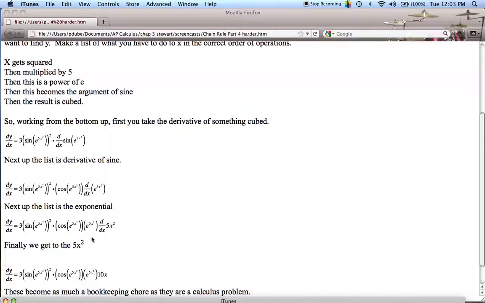I guess I skipped a step. Here is the derivative of the e, and then I still had to deal with the fact that the exponent on the e was a function, so I dealt with it down here. The derivative of 5x squared is 10x.